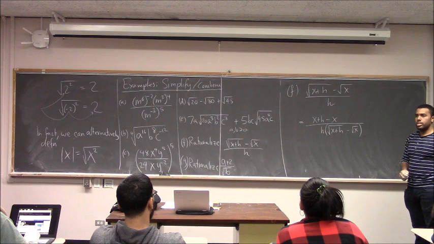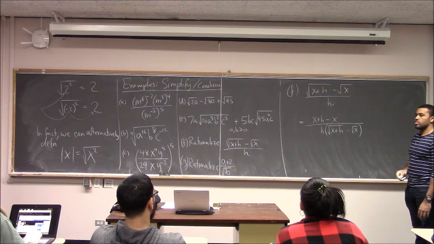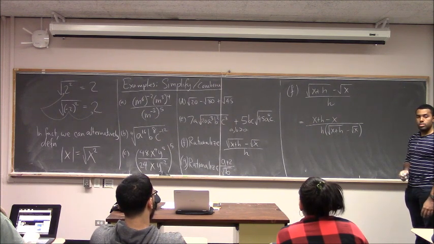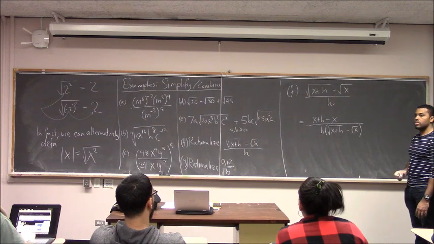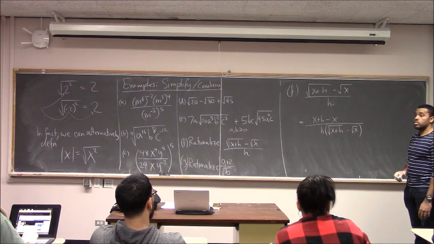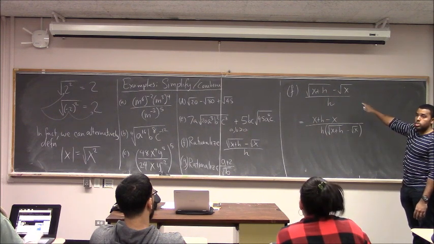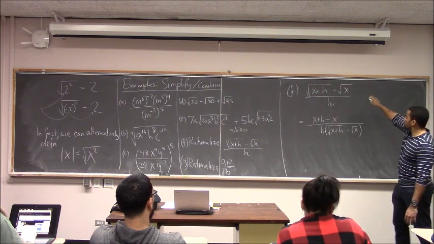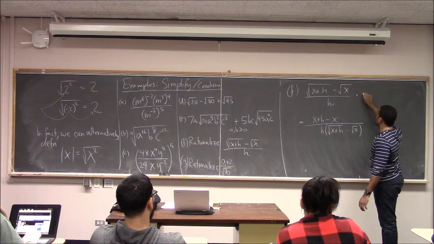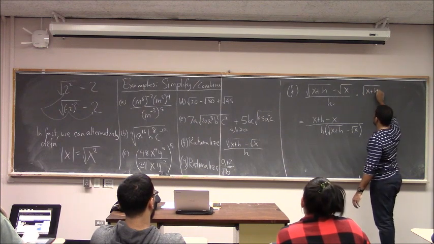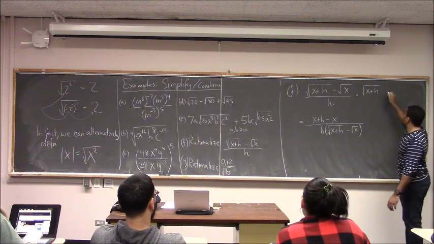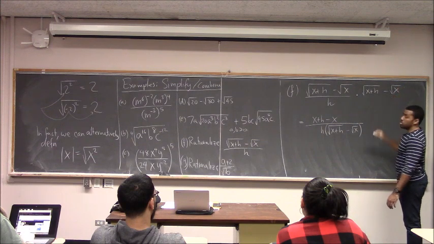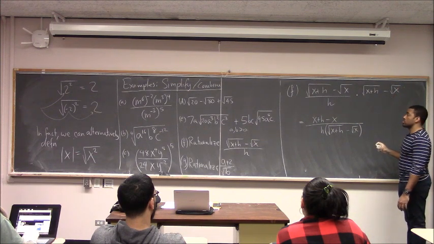Okay, how did you get there? I multiplied the numerator by what? By the whole term, radical x plus h, minus radical x, and the same thing with the denominator.